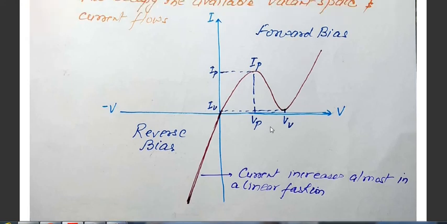So to summarize the behavior of the tunnel diode in forward bias case and reverse bias case, we have drawn this figure. So this is the forward bias case.